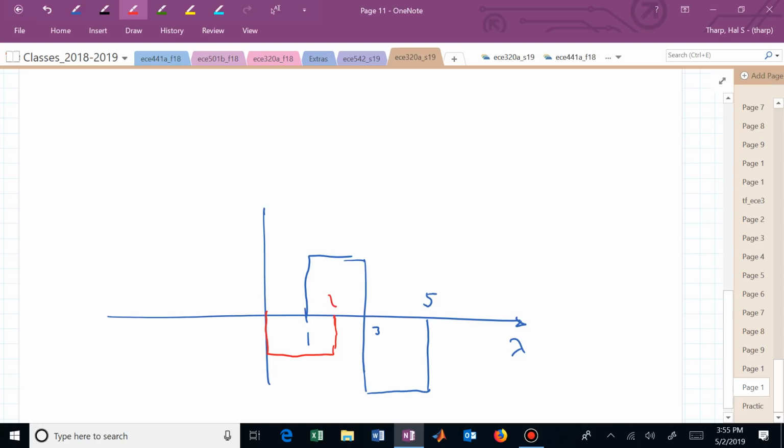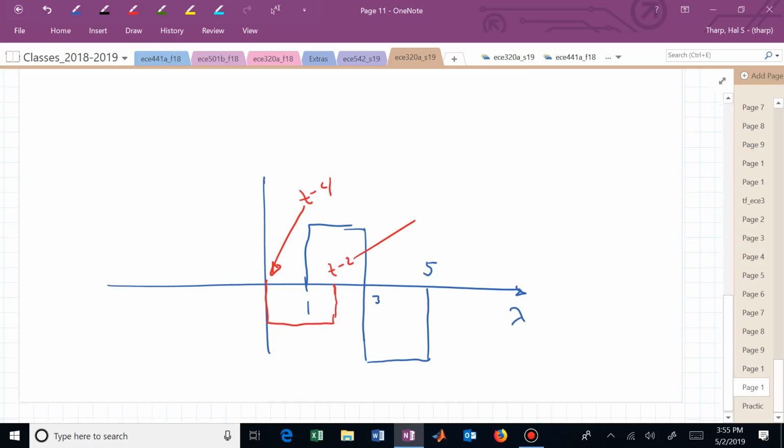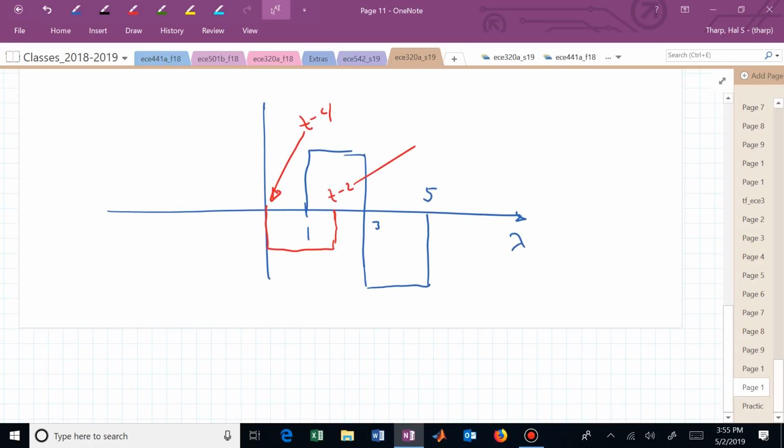So this is t minus 2, and this is t minus 4. So we have this overlap. This is actually when t would be equal to 4, and when t is equal to 5, do you see that we would be looking at this picture.